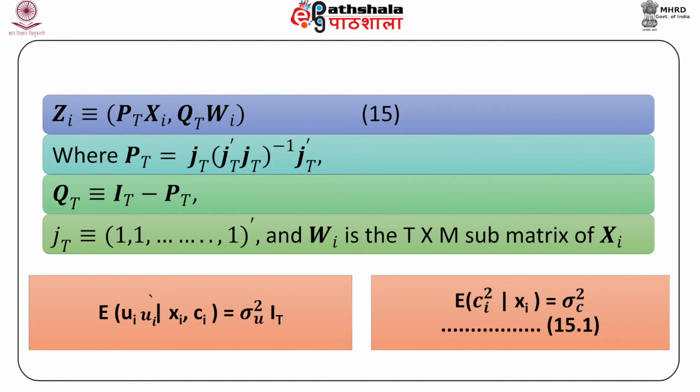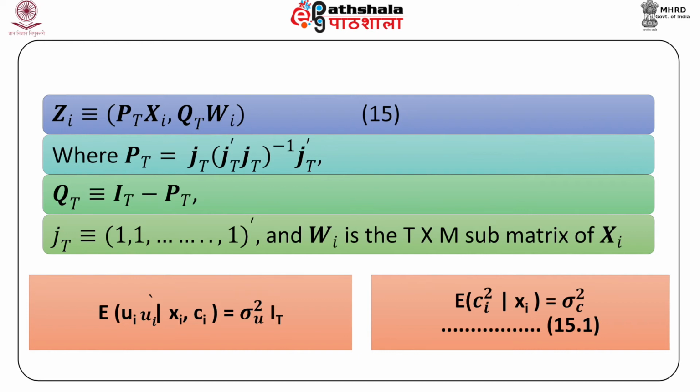They show that if omega hat has the random effects structure, which means we impose the random effects structure in estimating omega, then 3SLS applied to equation 13 using instruments Z_i equal to (P_T X_i, Q_T W_i), which we write as equation 15, where the P_T matrix is denoted as J_T (J_T' J_T)^-1 J_T', and Q_T is equal to I_T minus P_T.